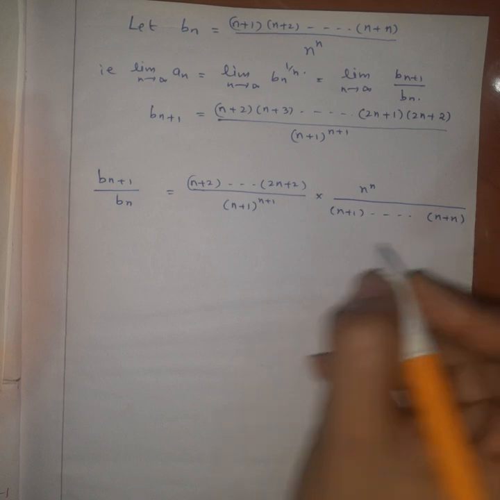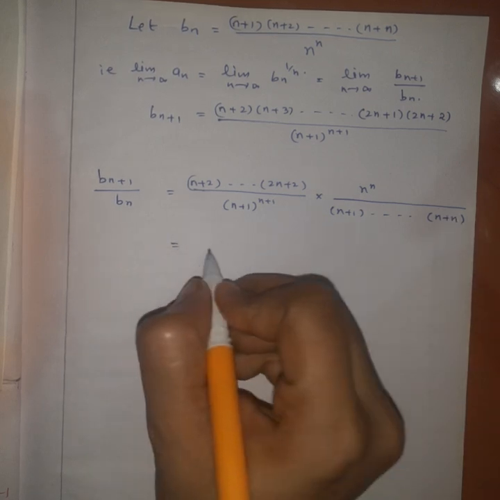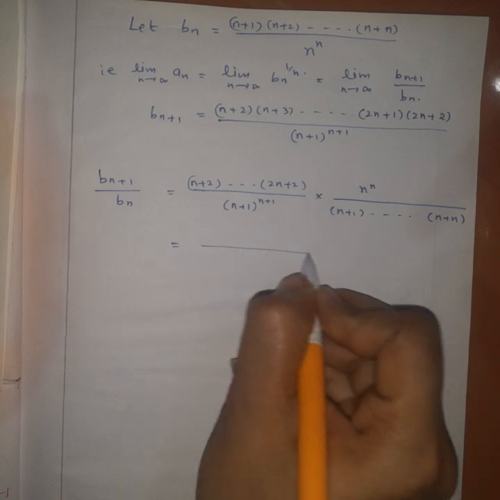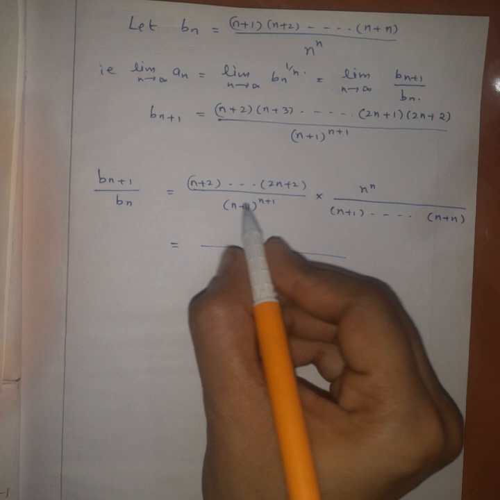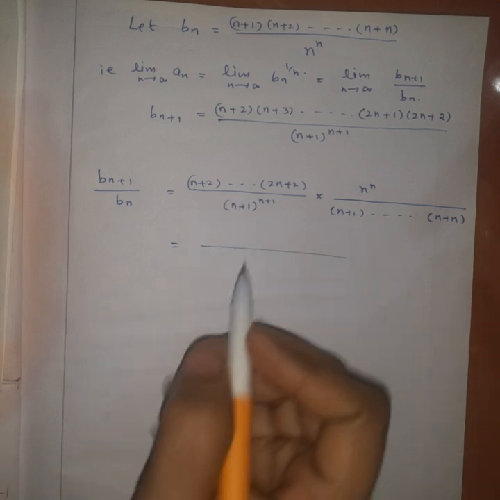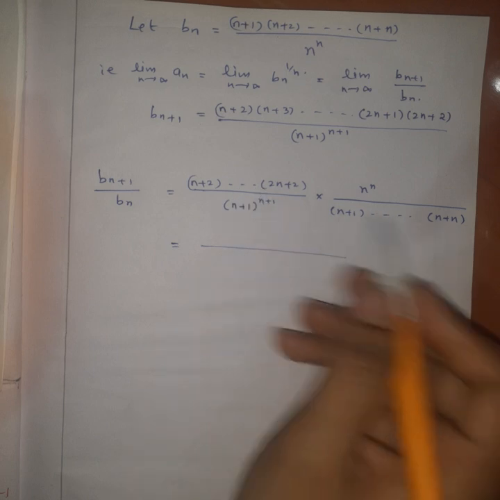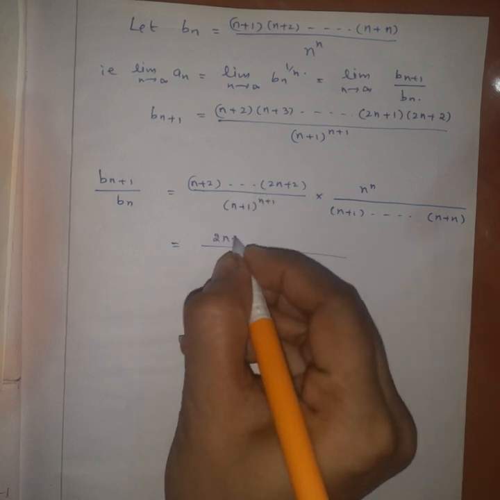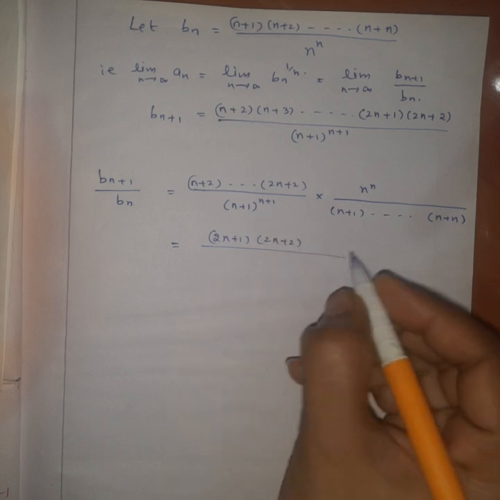So what are the terms remaining here? In the numerator, n plus 2 and so on up to 2n, the terms cancel. So remaining is 2n plus 1 into 2n plus 2.